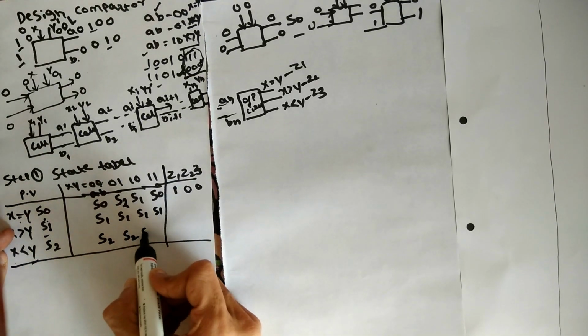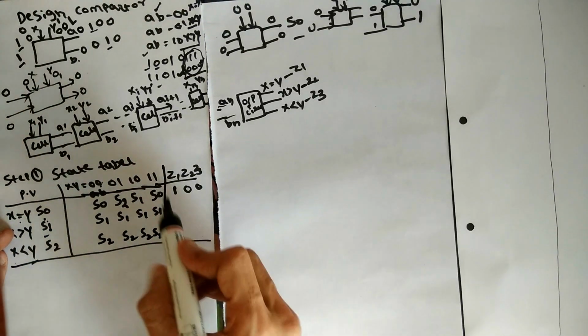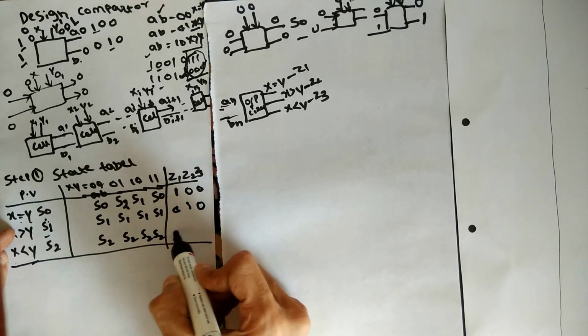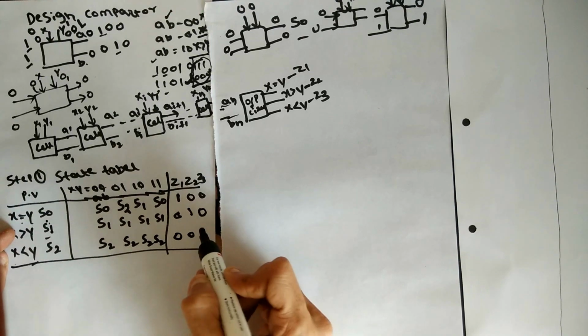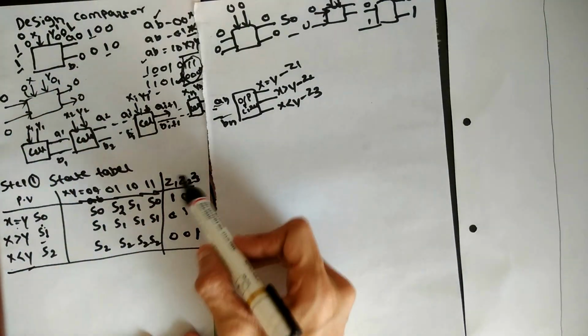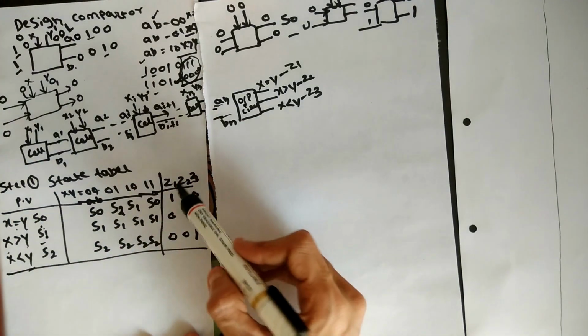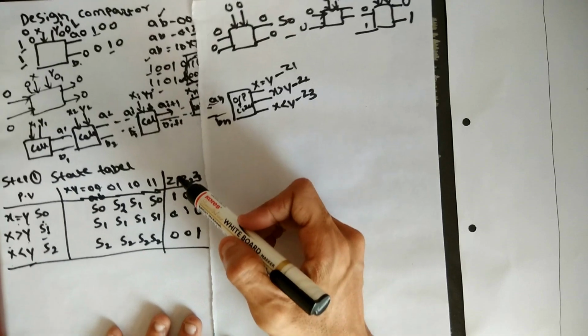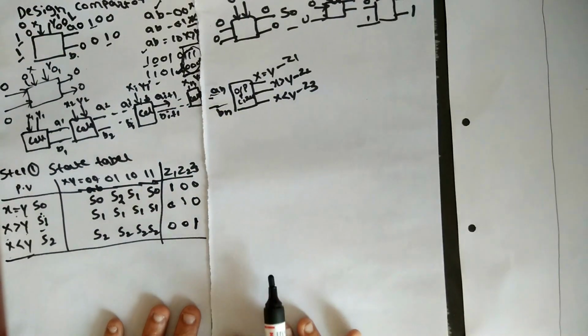So S2 is high only. In this condition the second output Z2 becomes high, and in the third condition Z3 becomes high. Here I have taken Z3 for x greater than y, Z2 for x less than y, and Z1 for x equal to y. You can take other possibilities for Z1 values also. From this we have taken the values.